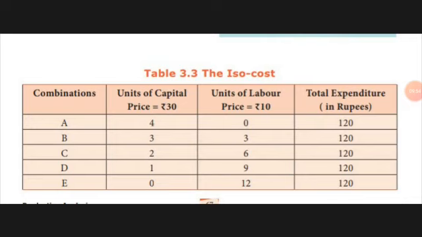Starting first, 4 units of capital with 0 units of labor. The combination of both will give 120. The output should be 120. The combination may differ, the labor and capital numbers may differ, but the output should be the same. In B, C, D, and the other categories, 120 only should come.